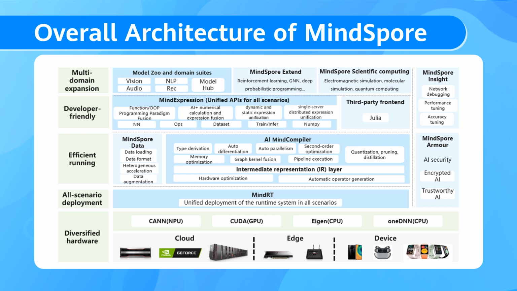Another challenge I've encountered in model training is the choice between static and dynamic graphs. As you are aware, traditional AI frameworks typically rely on either static or dynamic graphs to construct and represent computational graphs. Each approach has its own set of advantages and disadvantages.